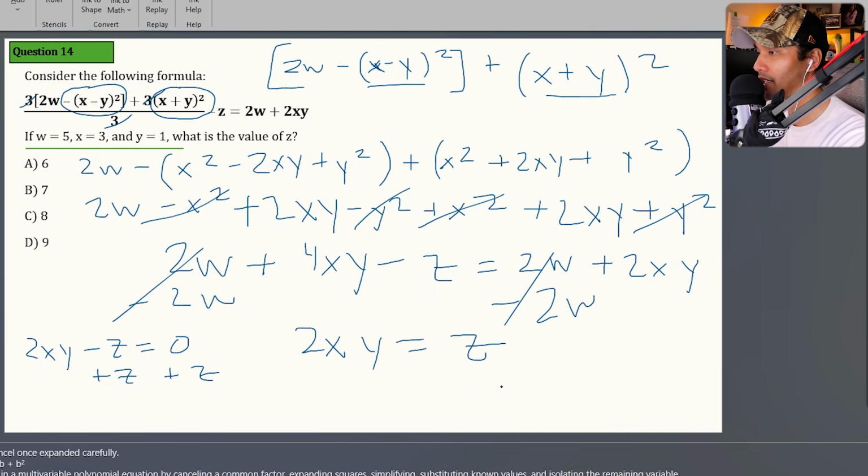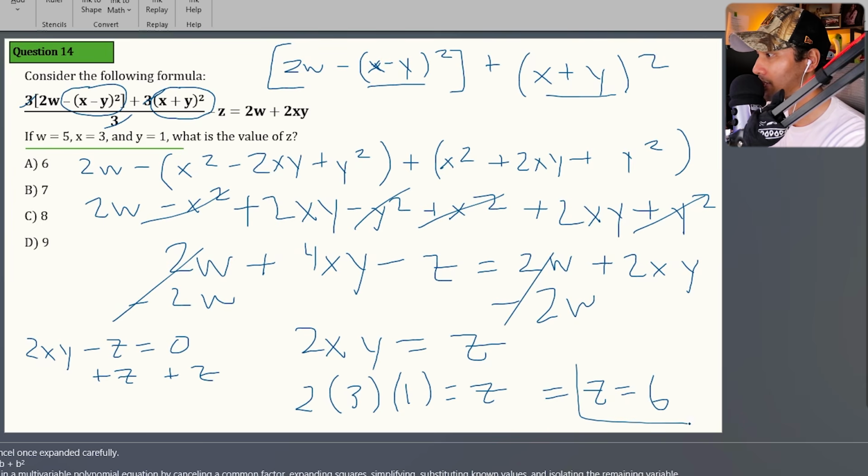I didn't even need w. So 2 times 3 times 1 equals z. Holy crap, not 5. What is 2 times 3? That is 6, times 1 is 6. So z equals 6, which is answer choice A.